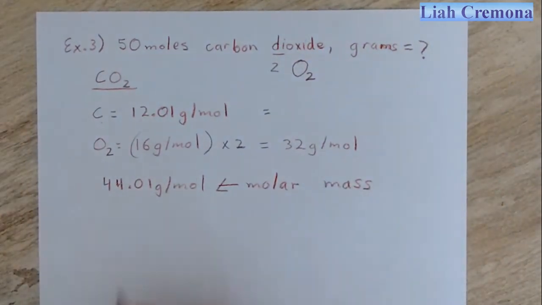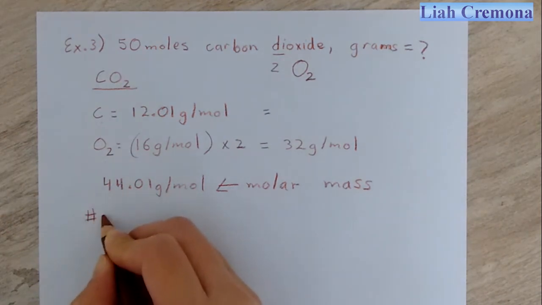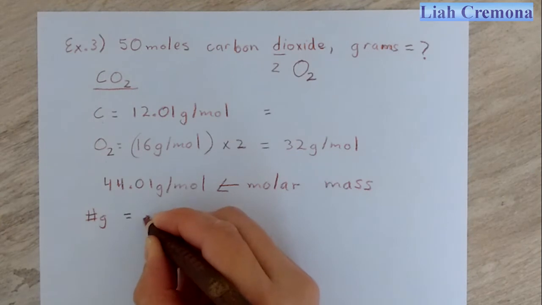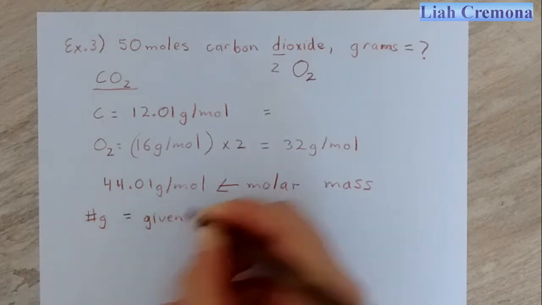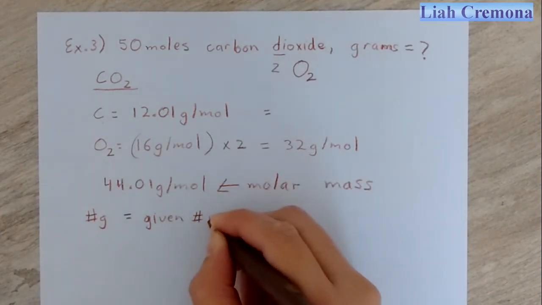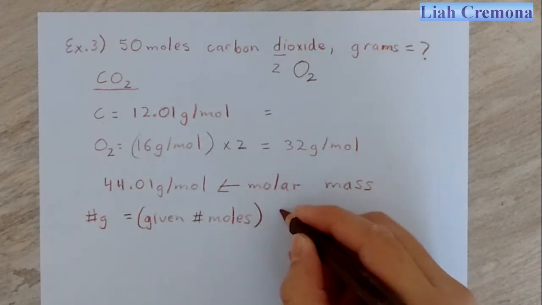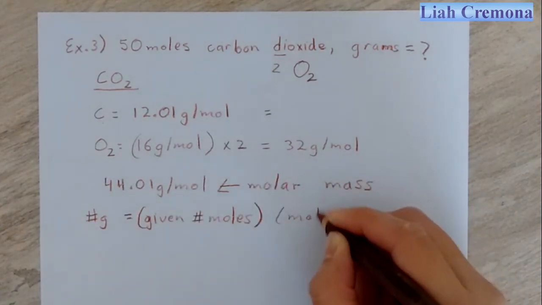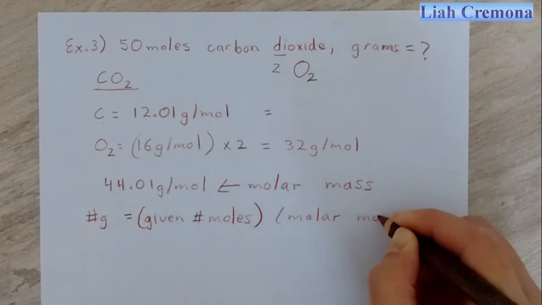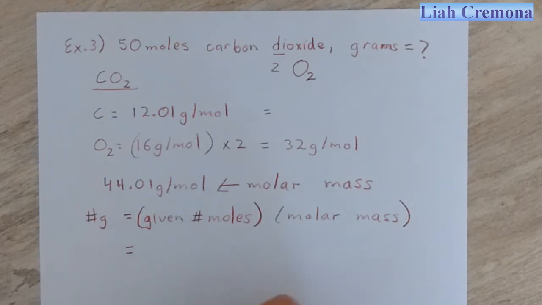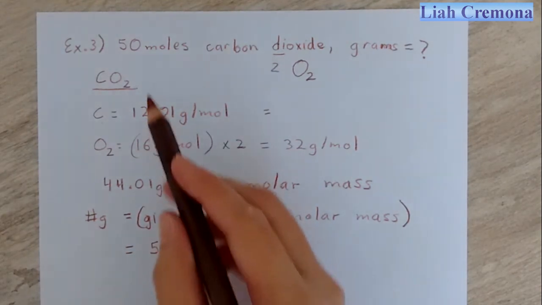Now we can find the number of grams. So the number of grams is the given number of moles multiplied by the molar mass. Plugging in the numbers, we have 50 moles that were given here.